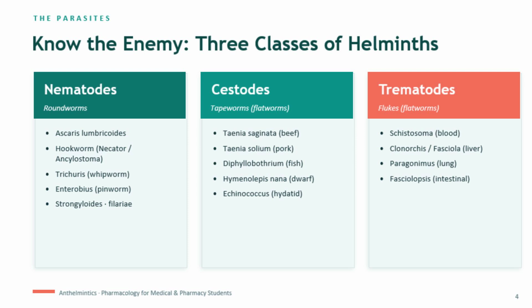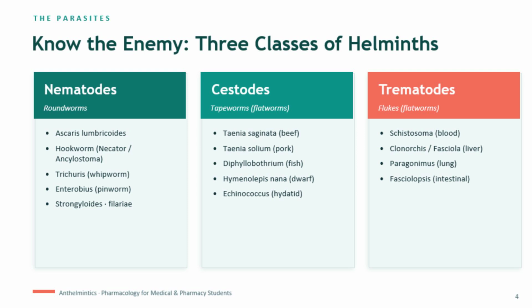Second, the cestodes or tapeworms, which are flatworms. Think of the Taenia species from beef and pork, the fish and dwarf tapeworms, and echinococcus, which causes hydatid disease.